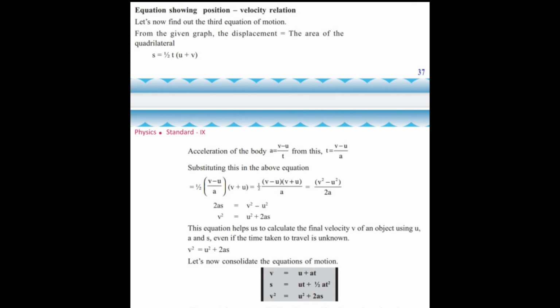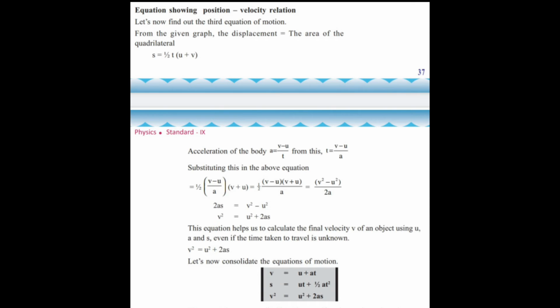Then acceleration, we know that the acceleration of a body is (v minus u) by t. A is equal to (v minus u) by t. From that we can write t is equal to (v minus u) by a.